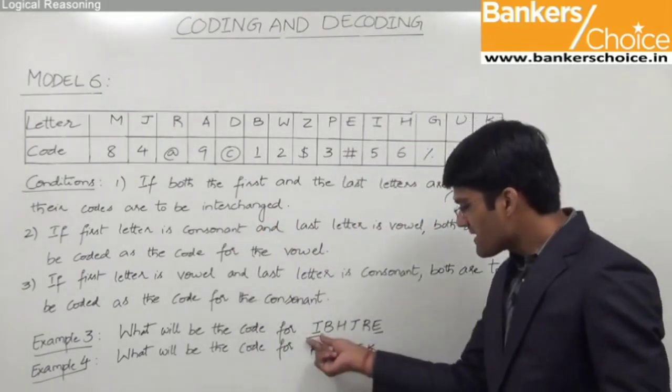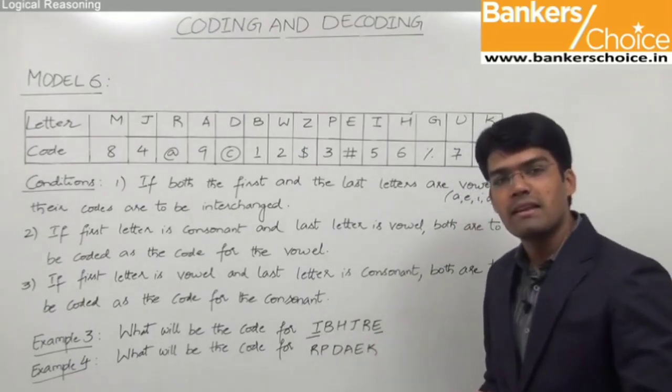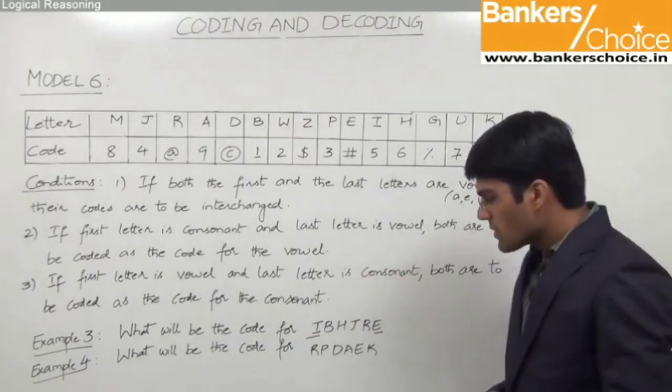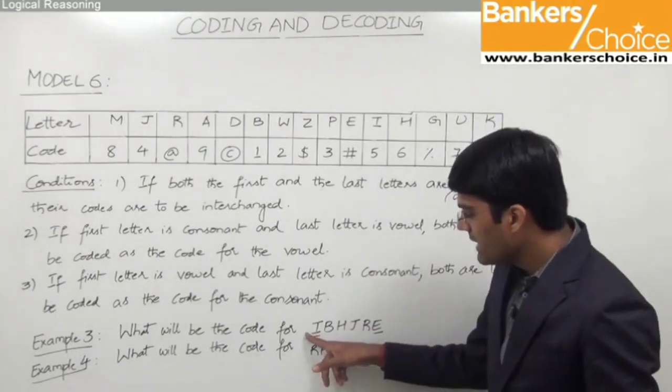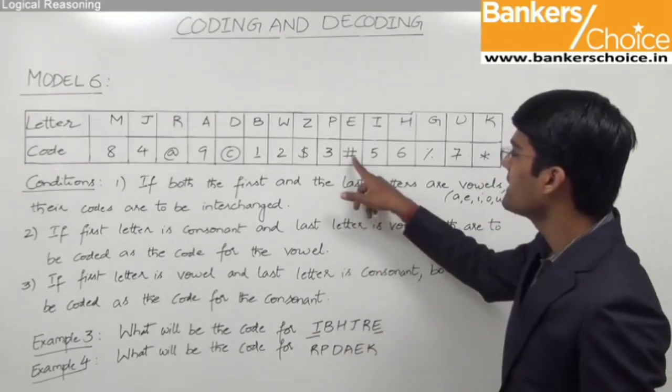So here, as the first and last letters are vowels, we need to interchange the codes for I and E, and the remaining letters are coded as given in the table. So to get the code for I, we should find the code for E, and the code for E is hash.